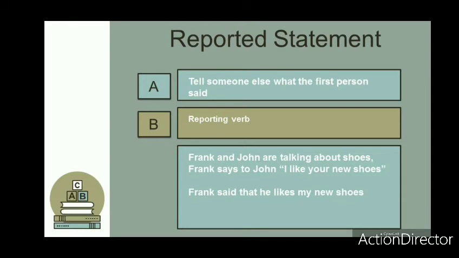Now, as you can see, what Frank is doing is saying to somebody else, a third person, what John says. Now, this can also be: John said that he likes my new shoes. Well, that depends on the situation.